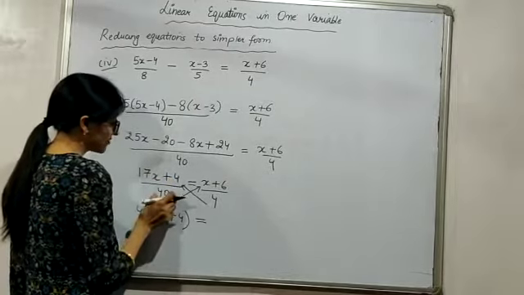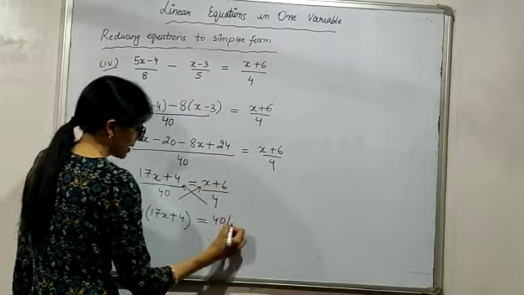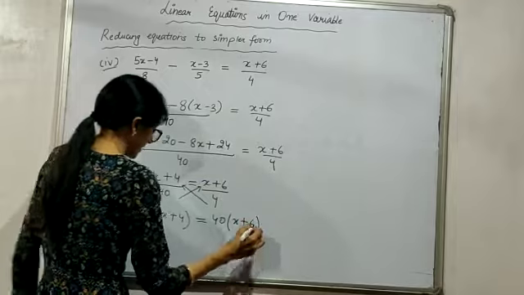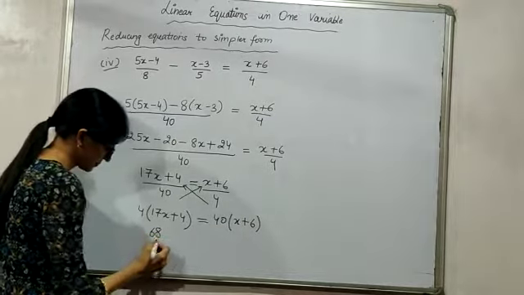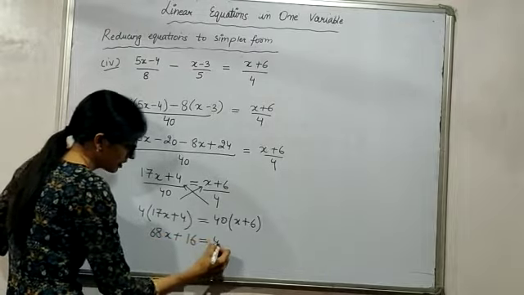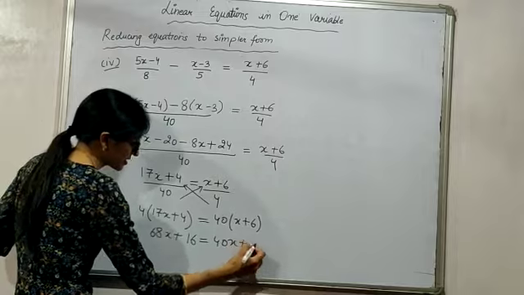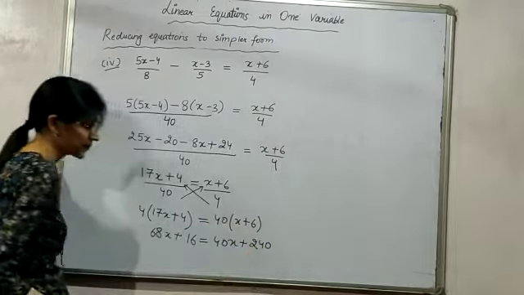Similarly this 40 is multiplied with this whole, so 40 multiplied by (x plus 6). Now 17 into 4, 68x, plus 4 fours are 16. 40 into x, 40x, plus 40 into 6, 240.